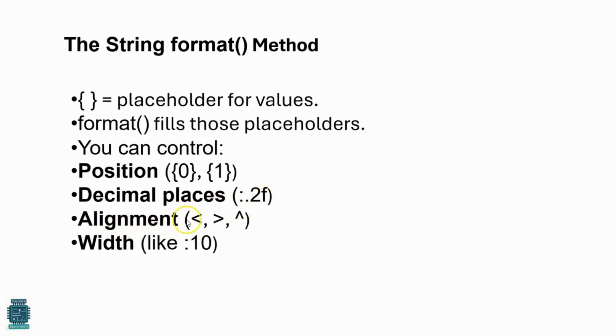And for alignment we have used less than, greater than, and for center we use caret. And for width we use like 10. Got it? We can take 4, 6, 8, 10, 12, anything based on the number. These are all the key points that we have seen in the previous examples in the format method.